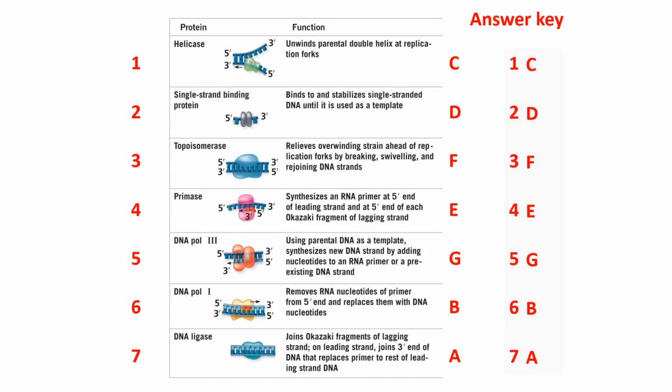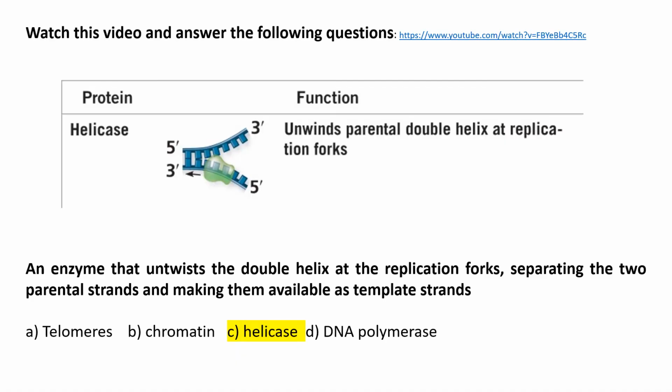Here is the helicase, the one that unwinds the parental double helix at the replication fork. So it's in charge of opening. It's like a zipper, the DNA: that enzyme is unwinding it, going from a double strand to a single strand, and now you can use the DNA polymerase to copy it. So the answer here is the helicase.